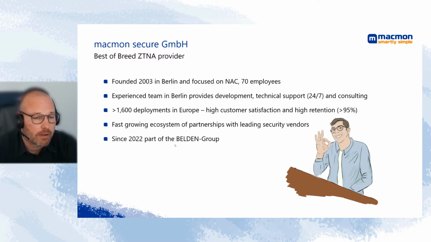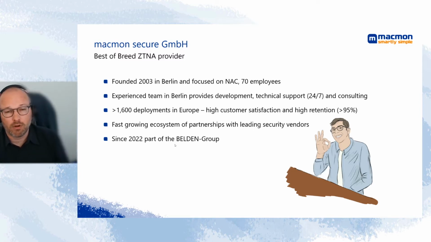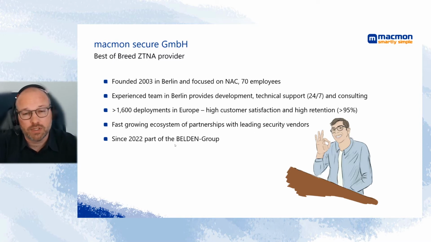We have already more than 1,600 deployments throughout Europe with very high customer satisfaction, so a very high retention rate, and a fast-growing ecosystem of partnerships with other leading security vendors as well as infrastructure vendors. So all kinds of different IT equipment vendors which might be integrated with network access control. And since the beginning of this year, we're now part of the Belden Group, so we will have even more impact on all the OT environments.